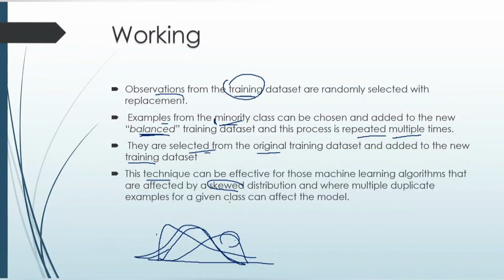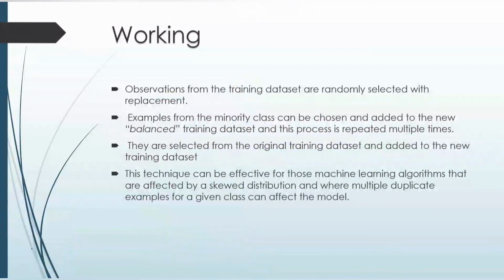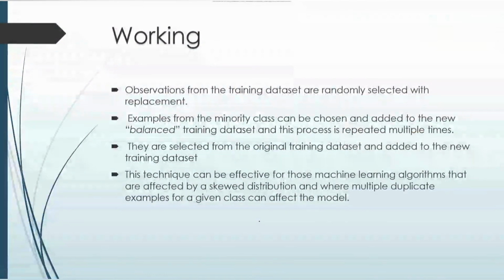So we will duplicate examples of a minority class so that the model will not be affected by this skewed distribution. We will make the distribution normal before our model training. Many methods for normalization we will see in further videos. Now let us focus on this random oversampling method.